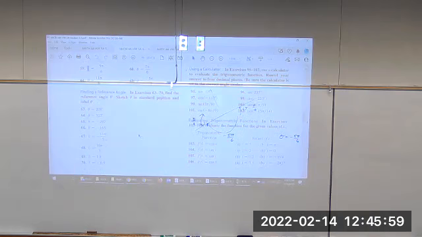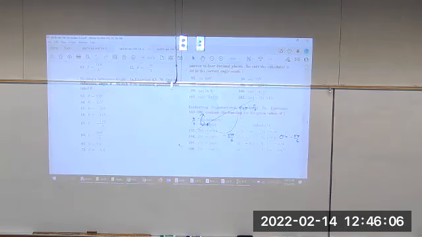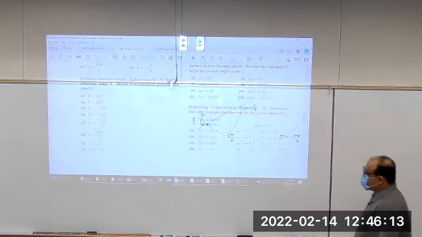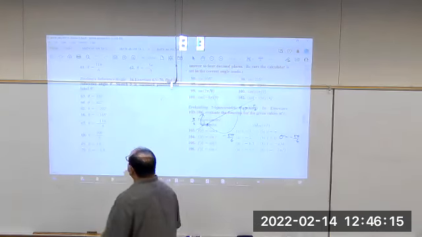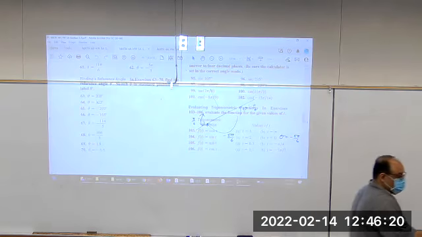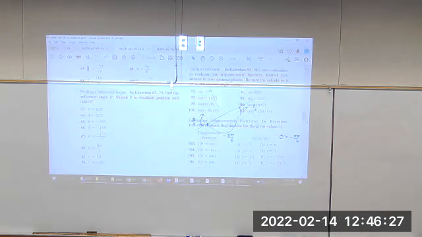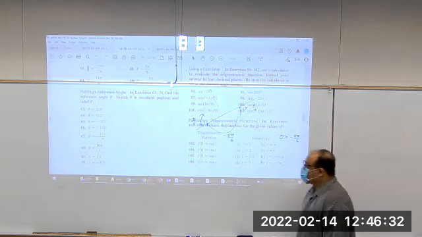And I really like number 70 and 69. So let's look at 69 and 70. So you're given angle theta. Find the reference angle and sketch theta in standard position and label theta prime.